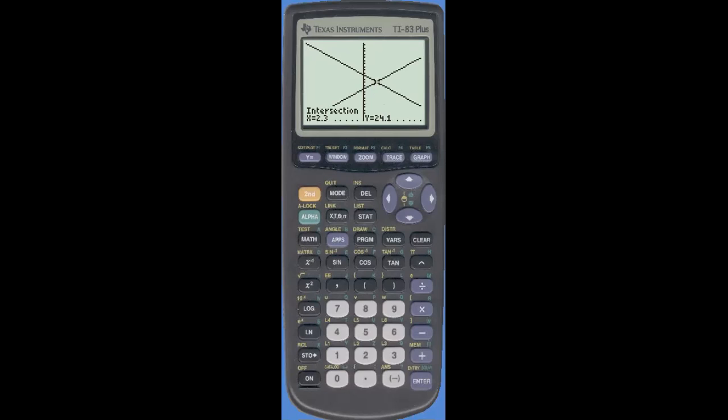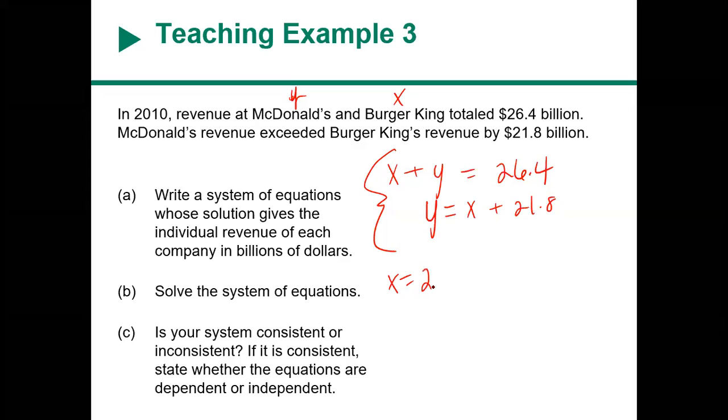So we have x equals 2.3 and y equals 24.1.